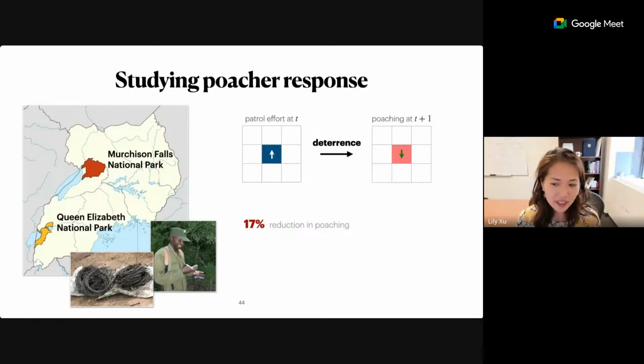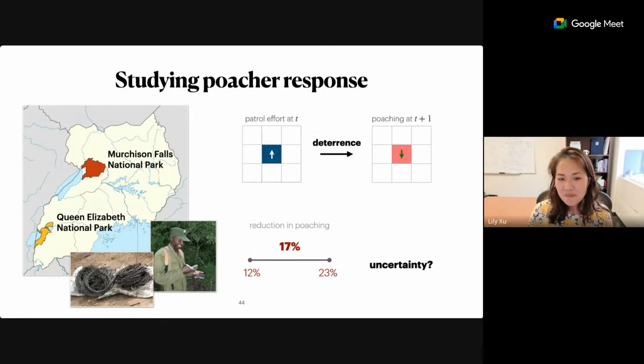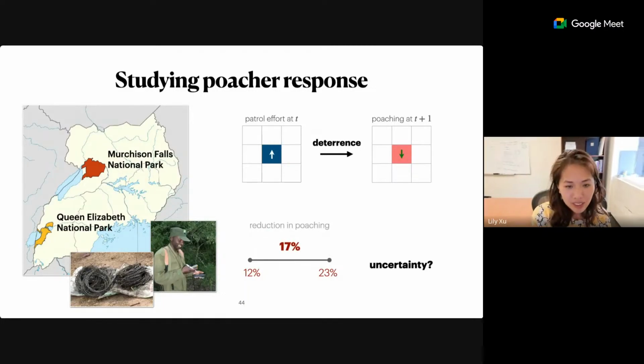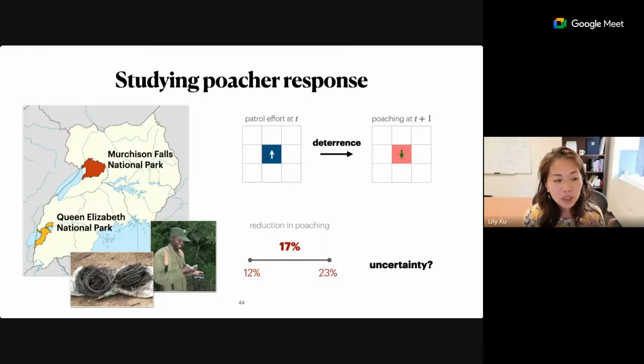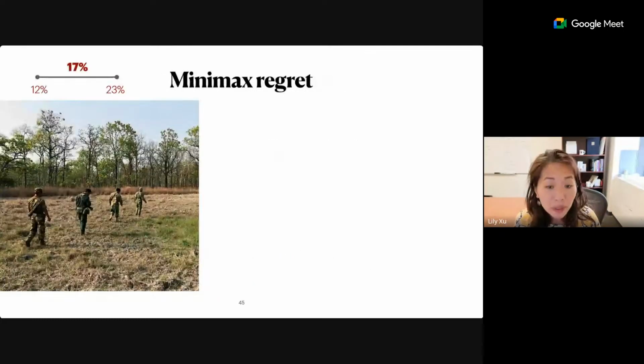So if we estimate that the amount of deterrence is some 17% reduction, we can't be too confident that the true value is 17, but we might be much more confident that the value sits somewhere between 12 and 23%.